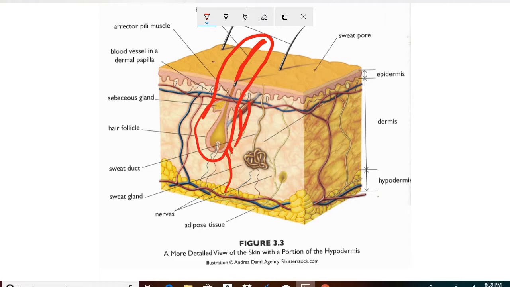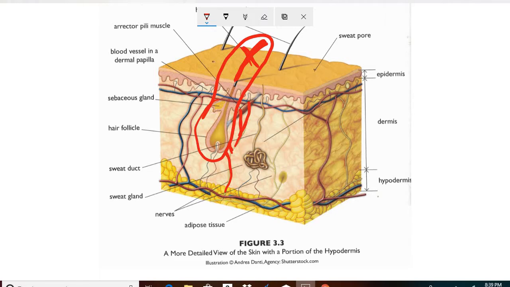So even though this shaft of the hair is dead and doesn't have any feeling, the fact that these nerves are attached to the hair follicle allows us to feel our hair being pulled or feel our hair being blown in the wind, even though this part of the hair you can cut and you can't feel that at all.